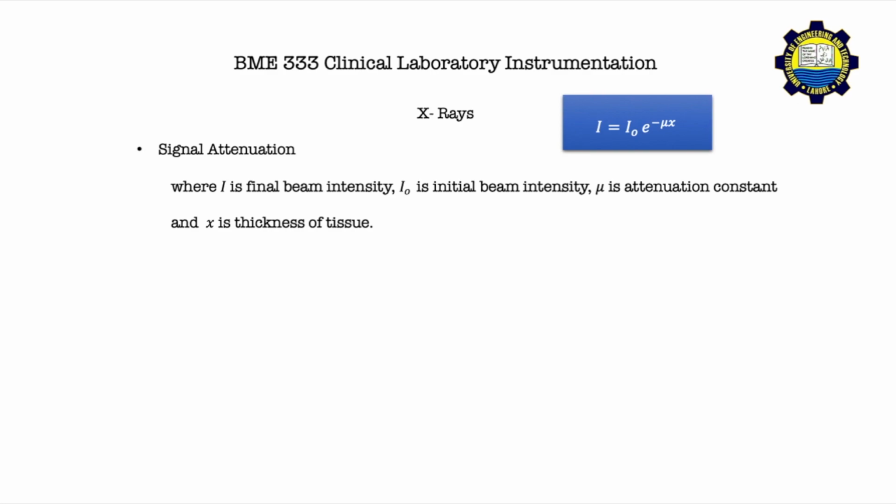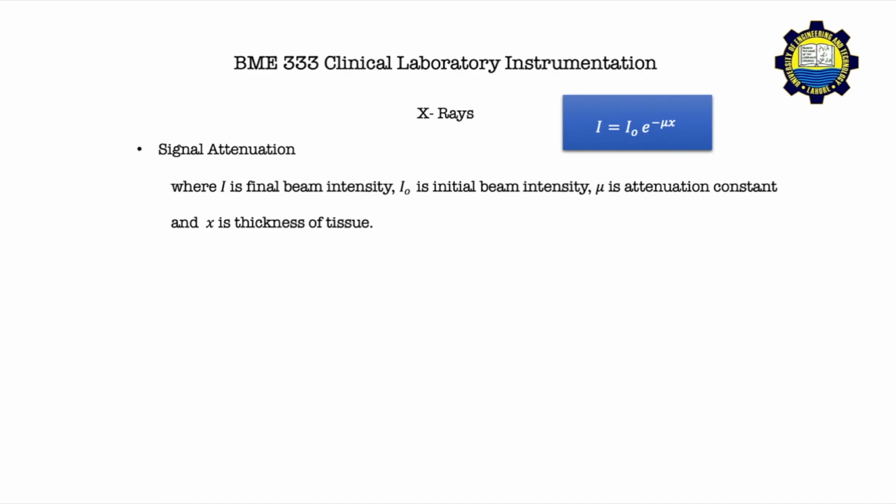It's about how much of the intensity does it reduce as the beam travels in that medium. So obviously this is medium dependent. It's going to vary from one medium to another. And then x is the thickness of the tissue. Obviously thickness of the tissue is important in understanding how much attenuation is there. The thicker the tissue, the greater the attenuation. The thinner the tissue, the lesser the attenuation.